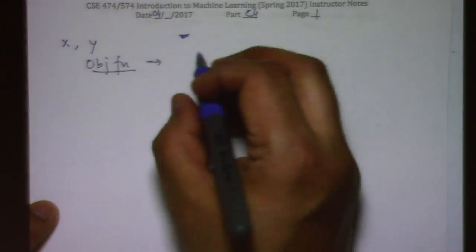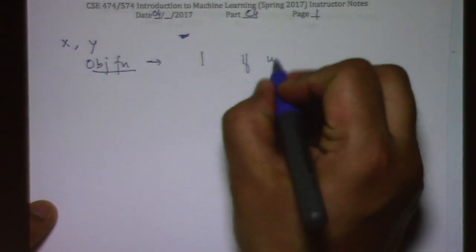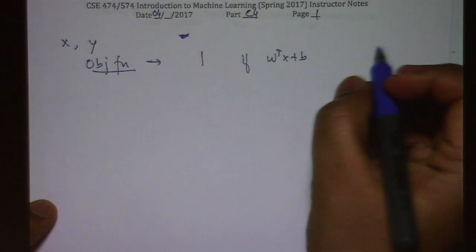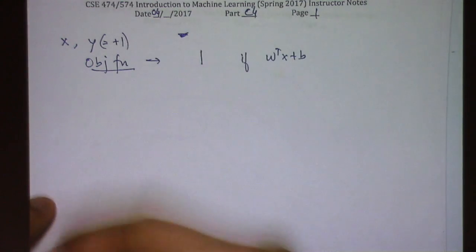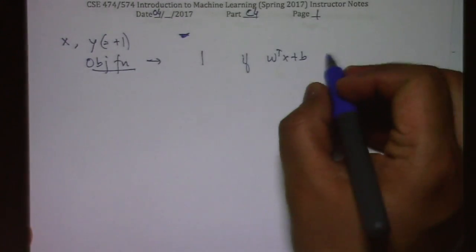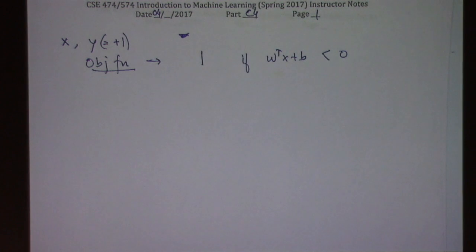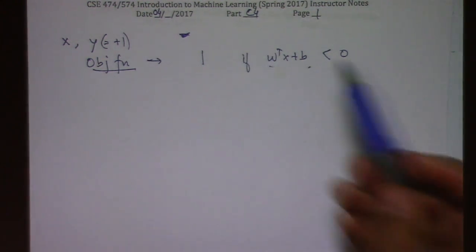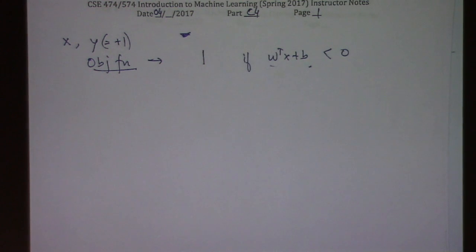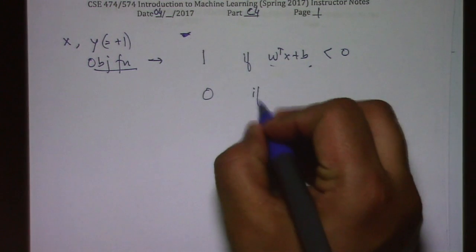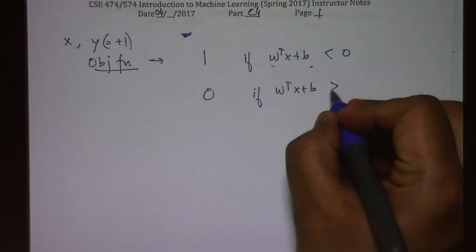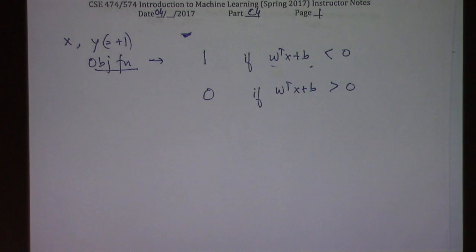So the objective function is going to be 1 if W transpose X plus B is less than 0. Let's assume Y is plus 1, so Y is the positive example, and the same logic would apply even if you had a negative example. Because according to this classifier, you are predicting it to be a negative point, whereas it is a positive point. And it will be 0 if W transpose X plus B is greater than 0. So that is the function.